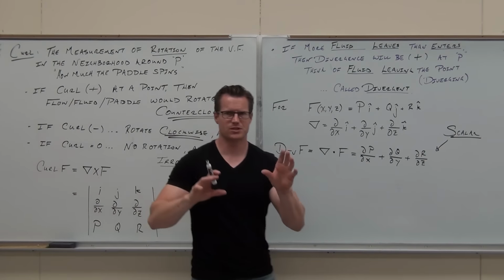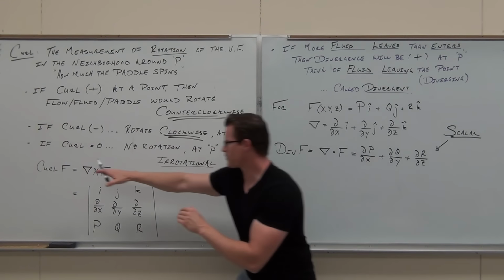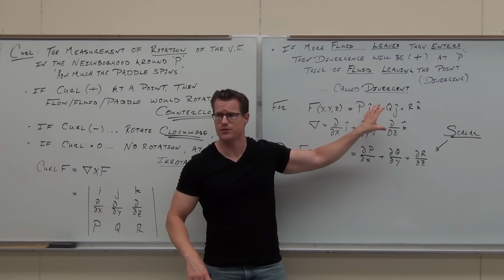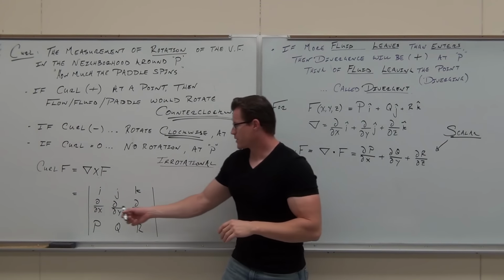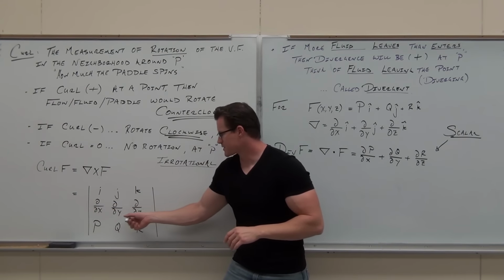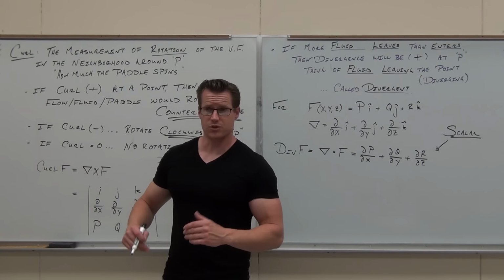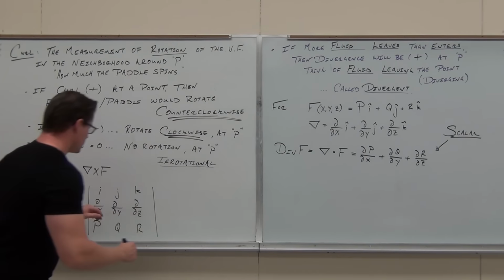Let's see if you can see where these pieces go. Do you understand how to get from here to here, given that these are the same two functions we're working with? Head nod if you can. I don't want to lose you now. So here we go: partial with respect to X, Y, Z, then P, Q, R. That's how it works. I'm not going to write the whole thing out. We're going to do a couple examples in a little bit.